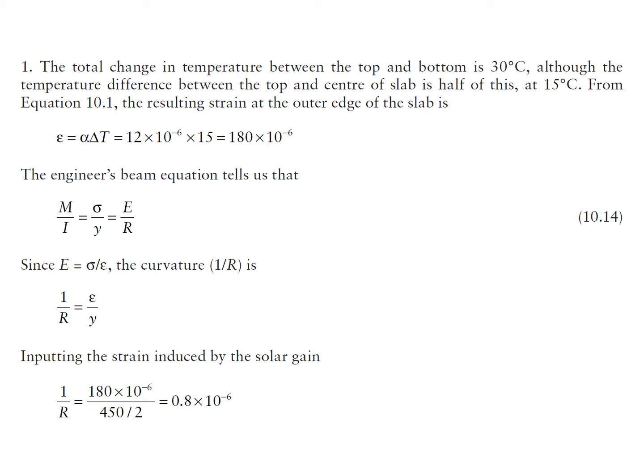So inputting the strain that we got from the solar gain and dividing through by half the depth of the section, which is y, we can work out that this temperature gradient will induce a curvature of 0.1 times 10 to the minus 6.